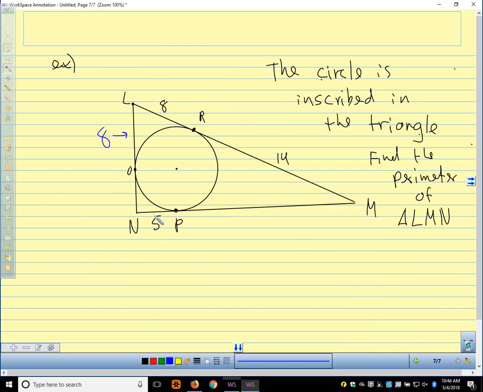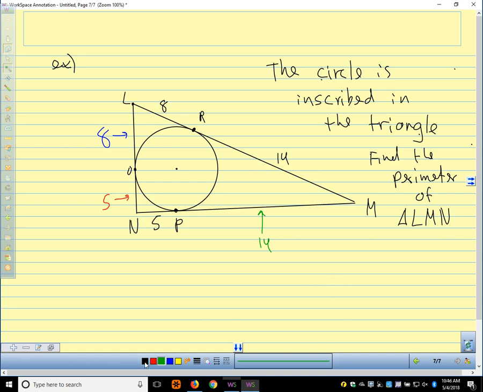Well, here are two tangent segments with a common endpoint outside of the circle. So what does that piece have to be? 5. Two tangent segments over here that have a common endpoint outside the circle. So that part has to be 14.